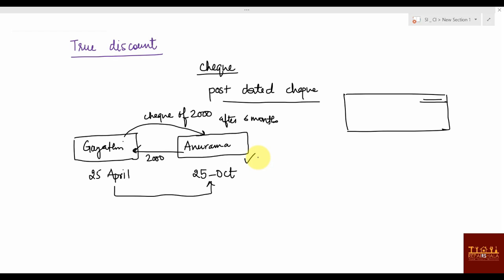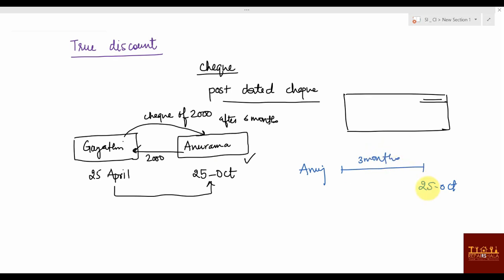But there will come some person like me. What I will say is, okay, your check value is 2,000 rupees and I can get the money on 25th October. Maybe Anurama needs money after 3 months, means Anurama approaches me 3 months before October.